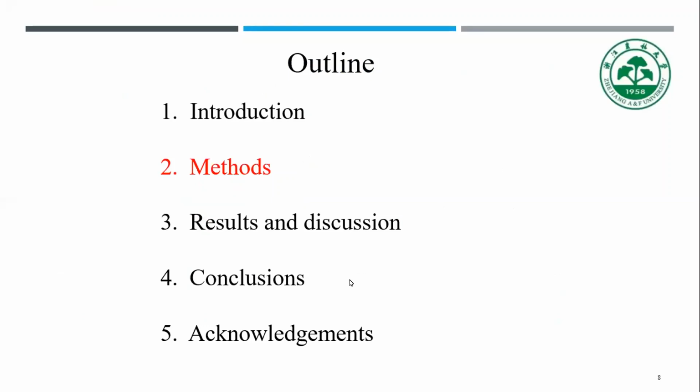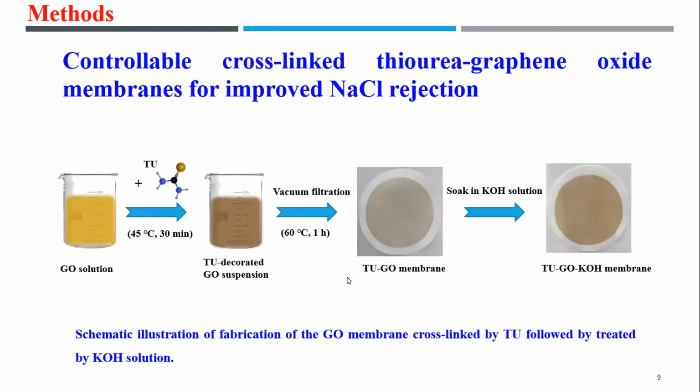The next part is the methods of membrane preparation. Firstly, the graphene oxide solution was prepared by the improved Hummers method, and the side-zero was dissolved in the solution and placed in a water bath at 45 degrees centigrade for half an hour.